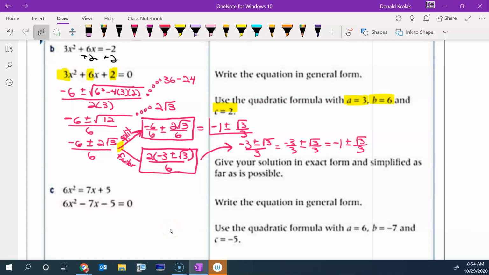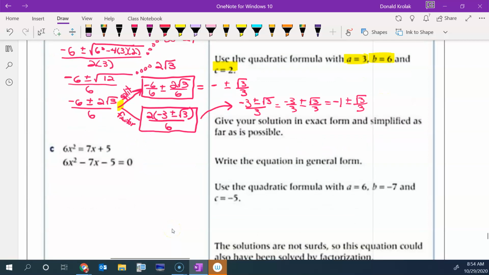All right, next one here. Let's see what we got. Opposite of B. B is negative 7 now. So boom. A is 6, B is negative 7, and C is negative 5. And then just the opposite of negative 7. This is negative 7 squared.